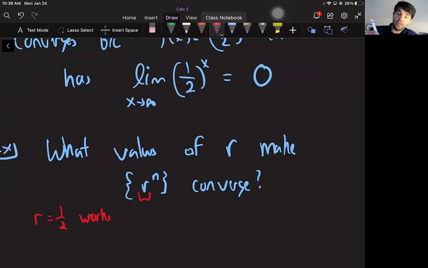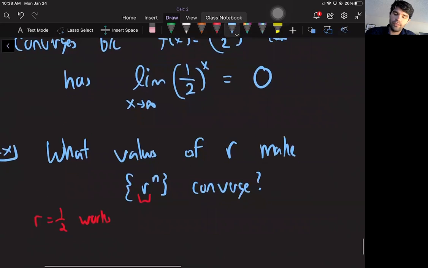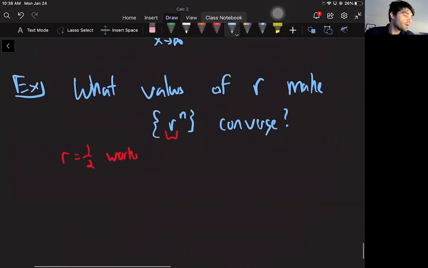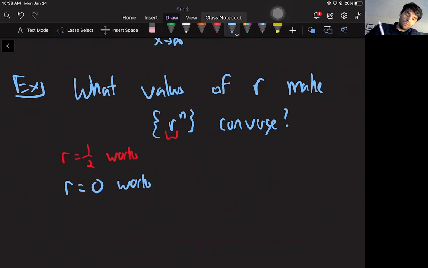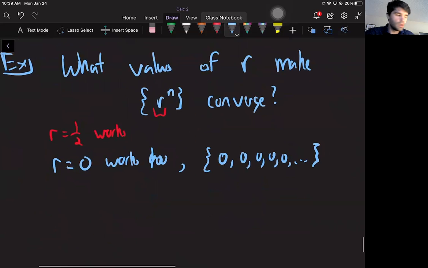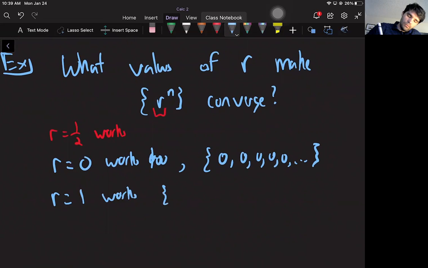But we want to know what the borderline is, because really any fraction has the same property. The bottom is growing more than the top is, so it goes to 0. So r equals 0 works too, because you just get 0, 0, 0, 0 forever, so it converges to 0. r equals 1 also works. You get 1, 1, 1, and so on forever.